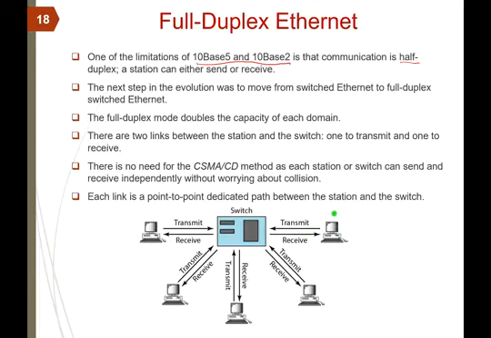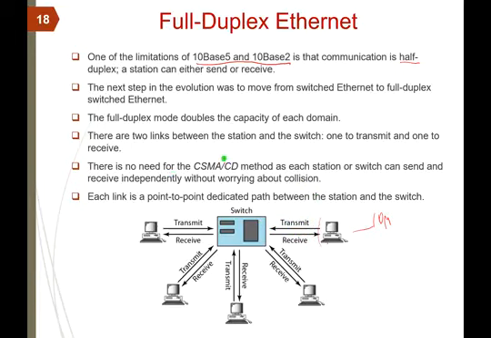So in this case, if you have 10 megabit per second, you can use the full bandwidth capacity. There are two links between the station and the switch, one to transmit and another one to receive. Okay, so in half duplex you either send or receive. In full duplex you can send and receive at the same time.